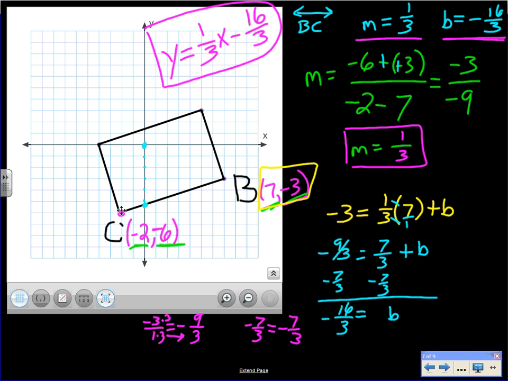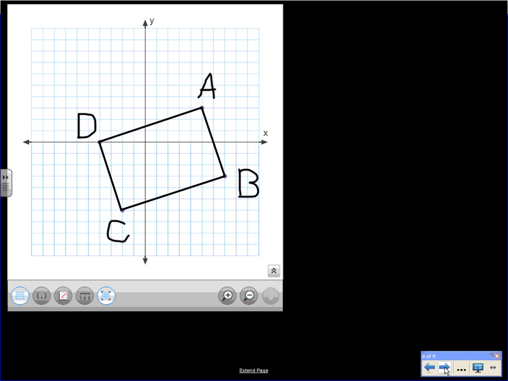If we look back at our notes, let me go to the next page here. We calculated the slope here as a positive 1/3, and the slope here as a positive 1/3. A few examples back, we calculated this slope to be -3, and this slope was also -3.